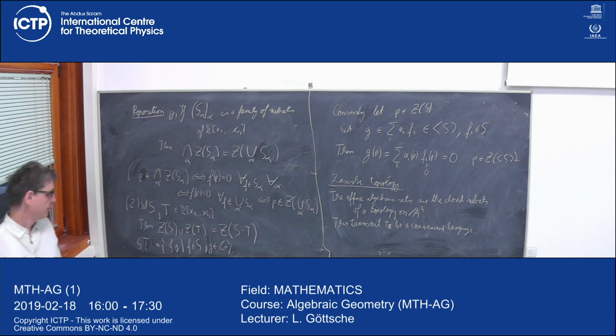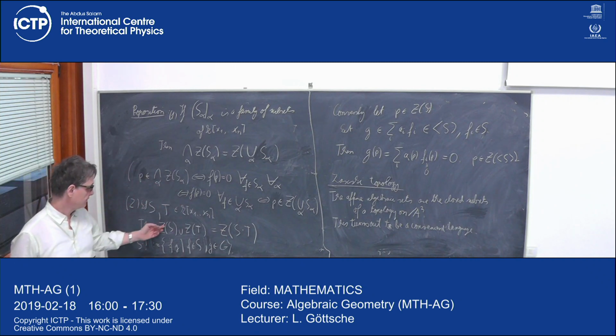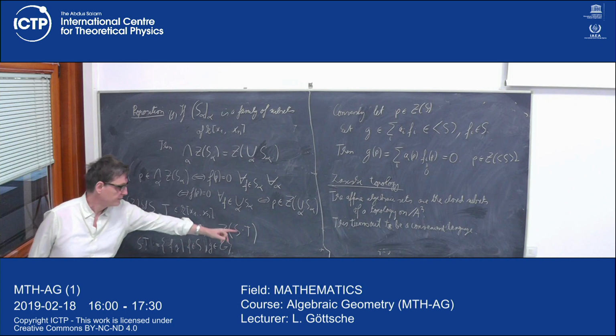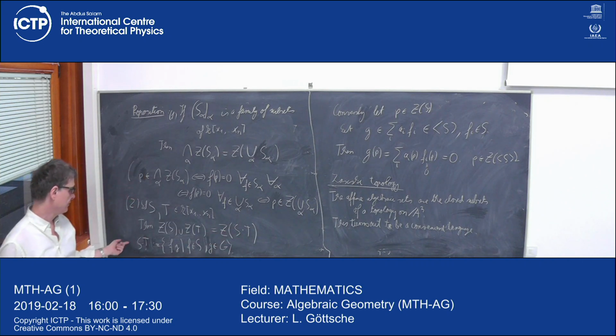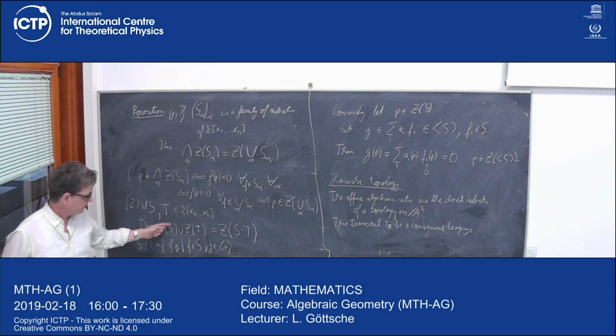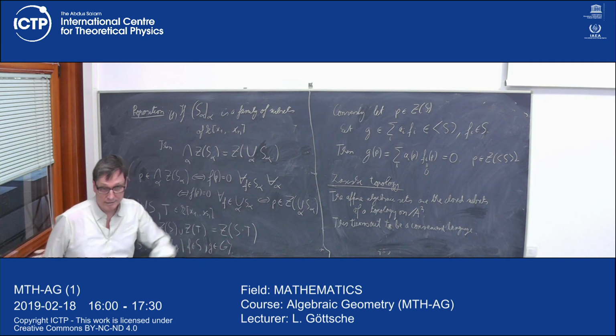Okay? So obviously, if this is a set of polynomials and this set of polynomials, this is also a set of polynomials, and I claim the union of the zero sets is equal to the zero set of the product.